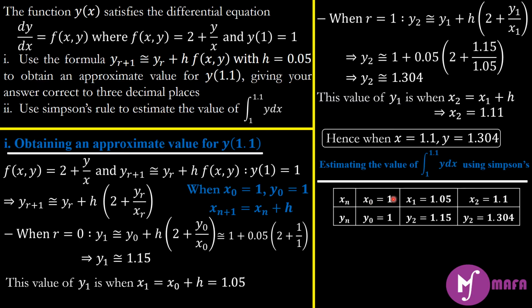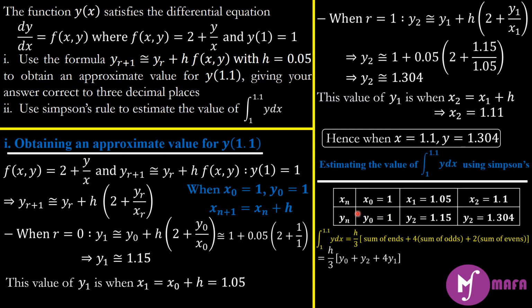When x0 is 1, our y0 is 1. When x1 is 1.05, our y1 is 1.15, and when x2 is 1.1, our y2 is 1.304. Now Simpson's rule says that this integral is h divided by 3 into the sum of the ends plus 4 times the sum of the odds plus 2 times the sum of the evens. How do we identify the ends?